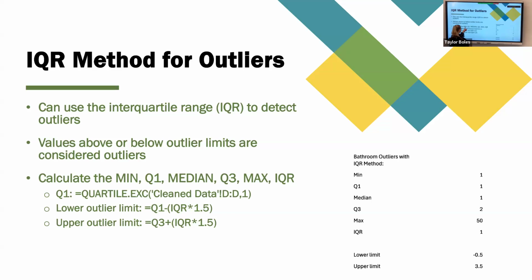And you can see we can figure out the minimum, quartile 1, median, quartile 3, maximum, and then the interquartile range. And then you have the limits. And then you can see, so this is the bathroom outliers. You can see that the maximum is 50. So that's that outlier of 50 bathrooms that we had seen earlier.